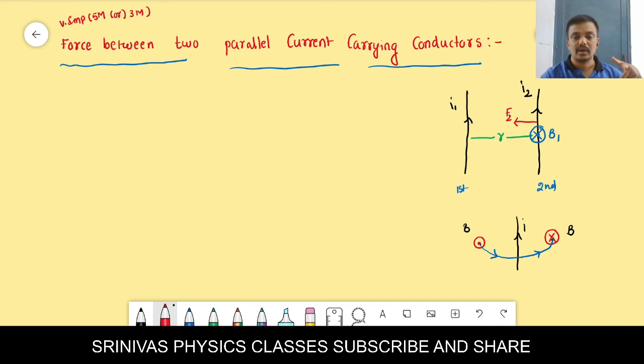You have to stretch your left hand, right? Forefinger, central finger and thumb mutually perpendicular to each other. If the central finger indicates the direction of the current and the forefinger indicates the magnetic field, then the thumb shows the direction of the force.